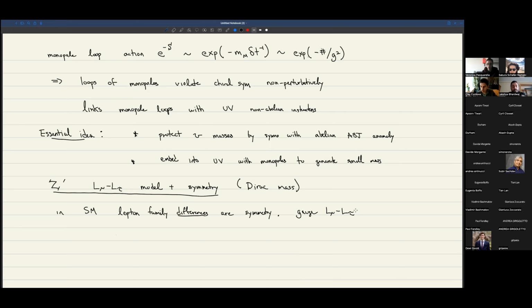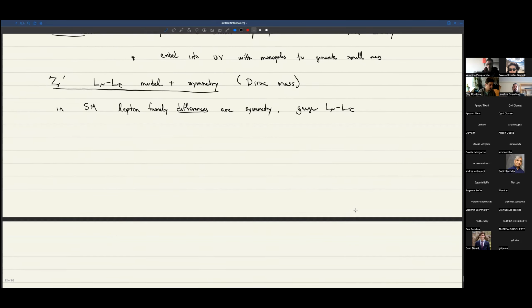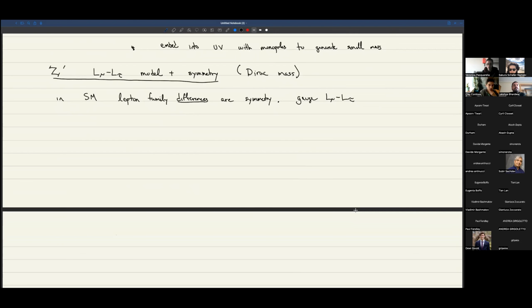Okay, so we need to make a table with all of our little symmetries and so forth. So, what will be our gauge groups that we need to discuss? We'll have SU2L, that's the weak force. We'll have U1 hypercharge. We'll have this U1 mu minus tau.